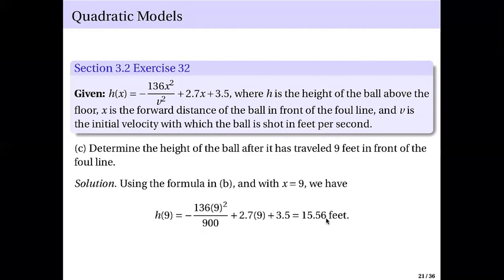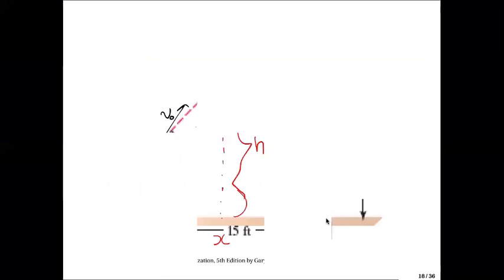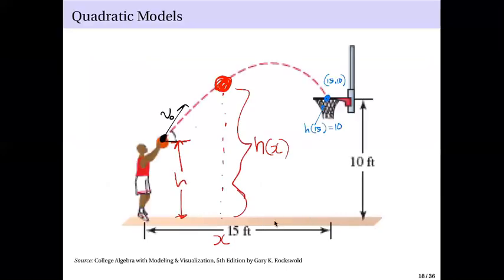So if we look at this graph again, okay? Maybe, just maybe, this is where your x equals 9 is. Nope, not there. Let us adjust it to somewhere here. So x equals 9, and the height would be somewhere here.